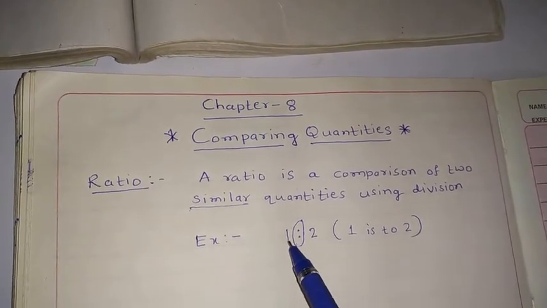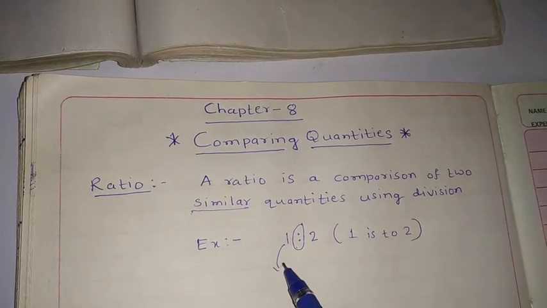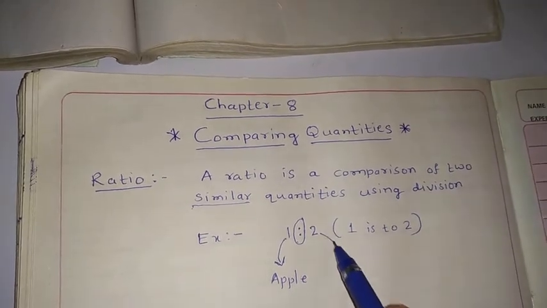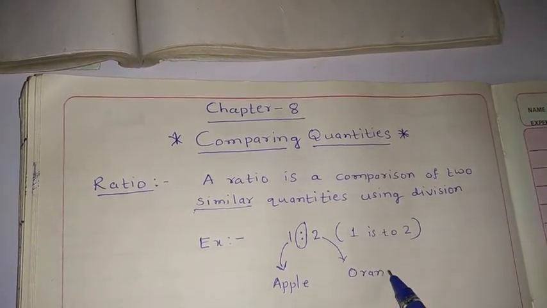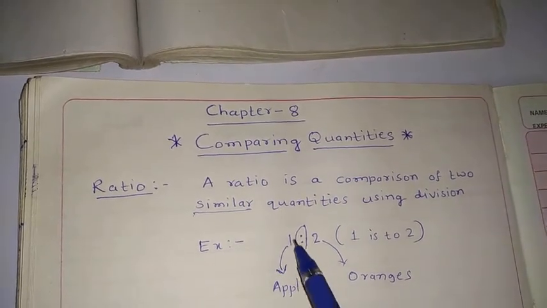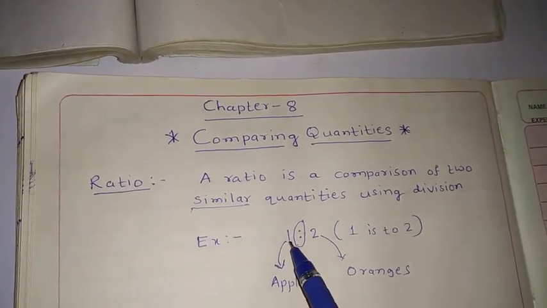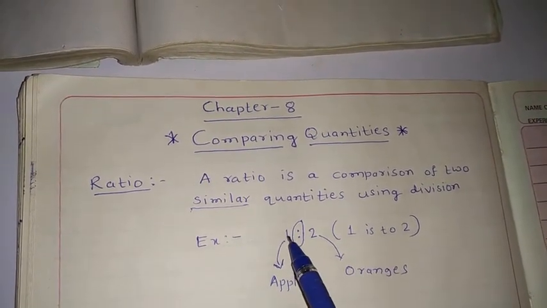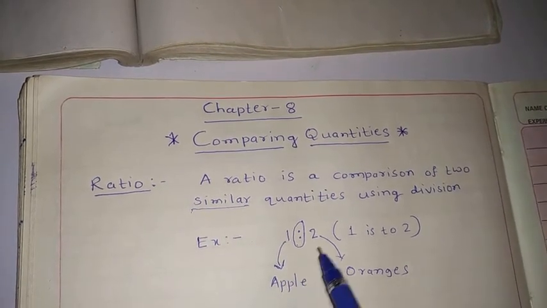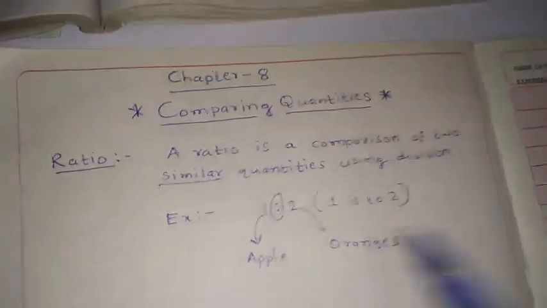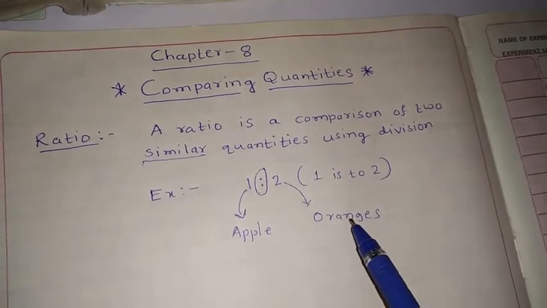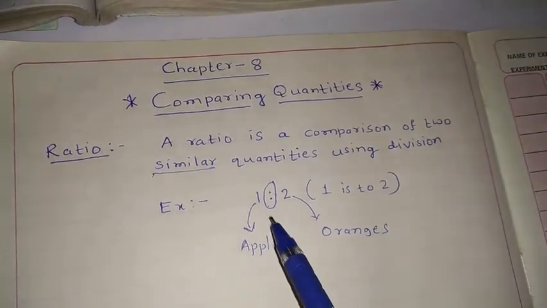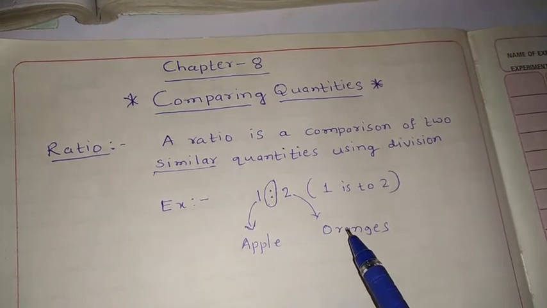So if I take an example, apple and orange, what is the meaning of this 1 is to 2? It means for an apple, 2 oranges are there. As I explained, for one apple, 2 oranges are there.